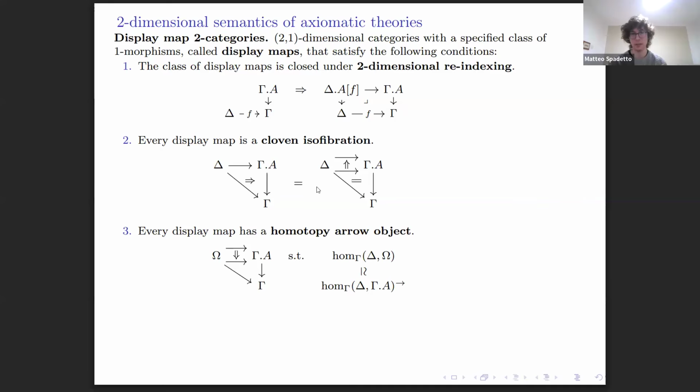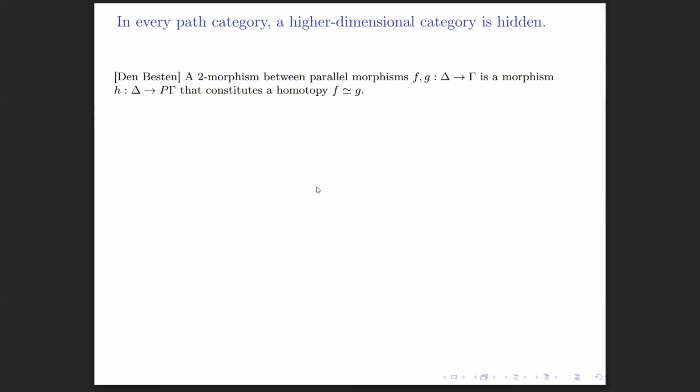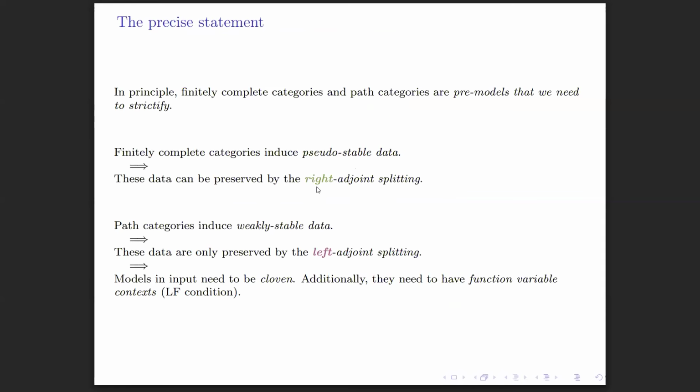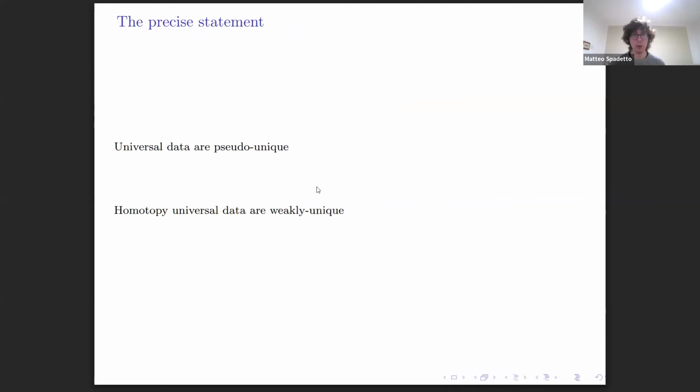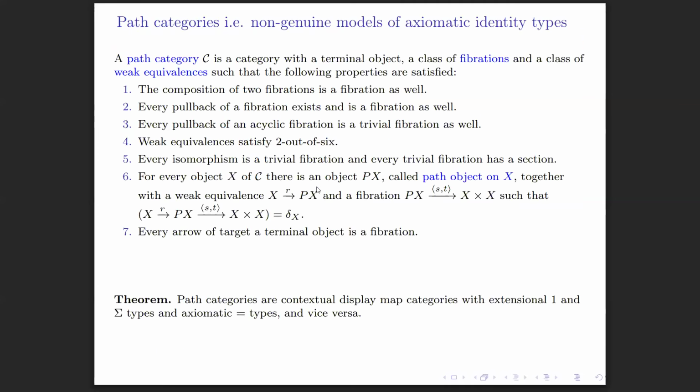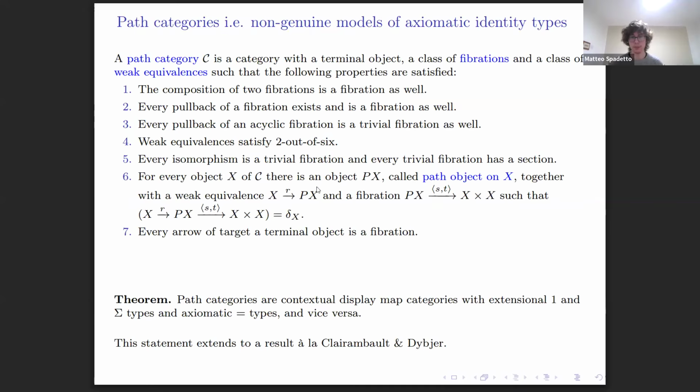So I was wondering about your slide titled "Non-Genuine Models of Axiomatic Identity Types", where you had the definition of path category. Is that a typo, or is it addressed by what you said after?